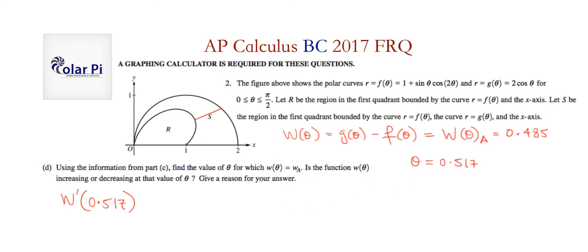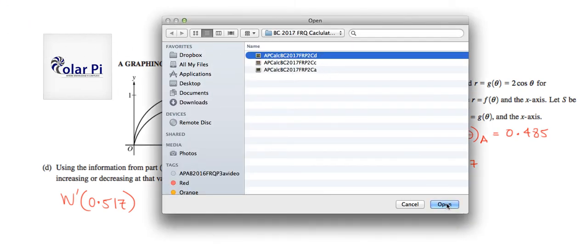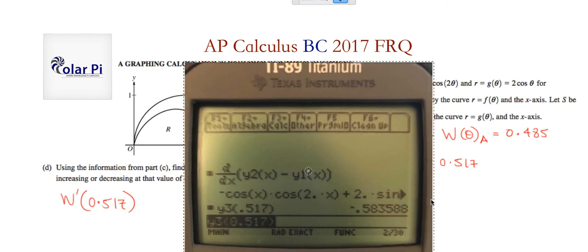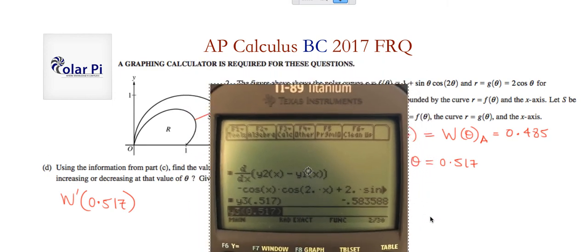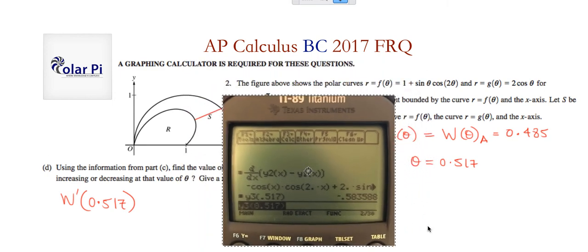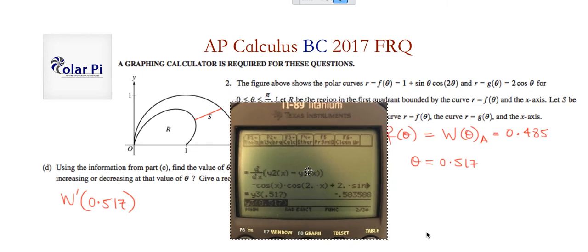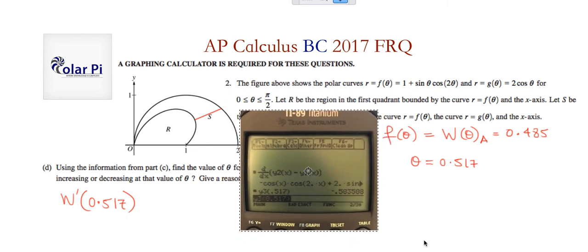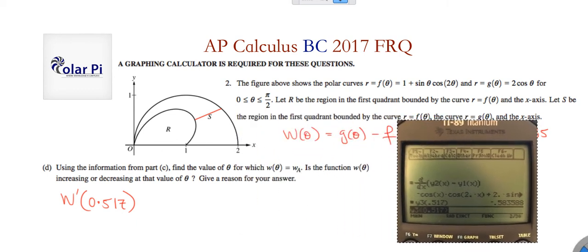And so here's how I did that. I went to my TI-89 and I typed under y1 f of theta, well, I typed it as f of x, and then under y2 I typed g of x.